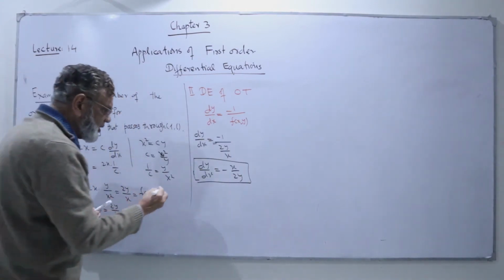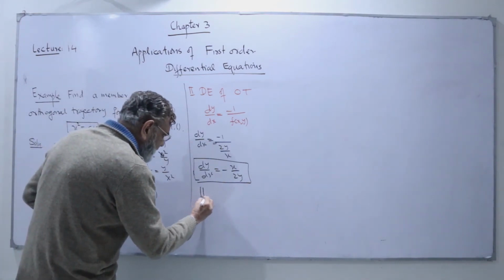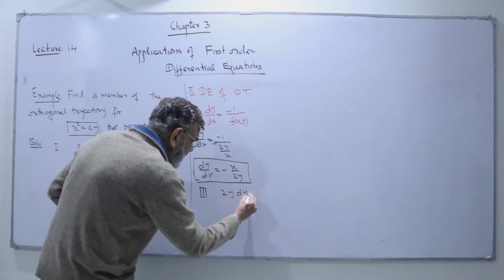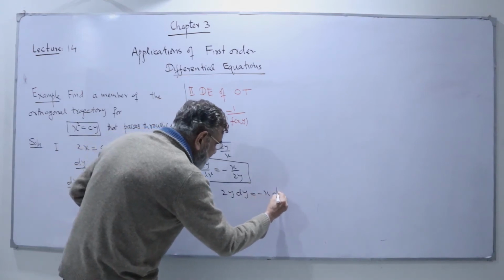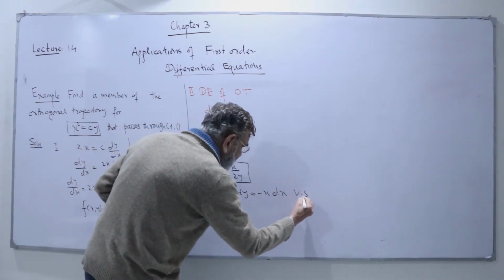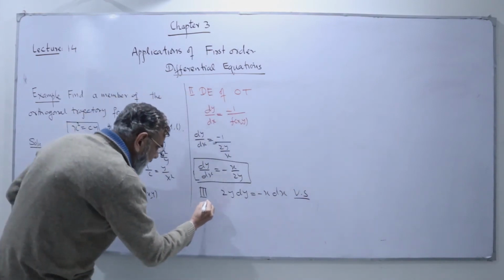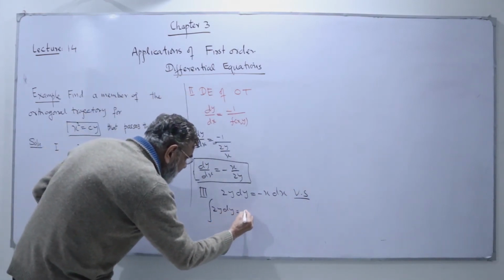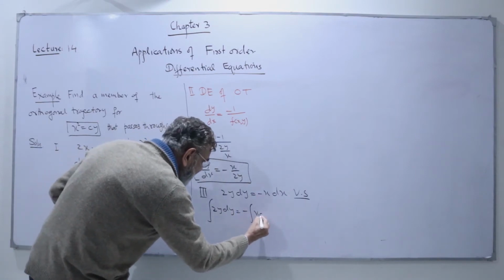To solve this, step 3, we separate the variables, and we get 2y dy is equal to minus x dx. So this is variable separable. We apply that method and integrate both sides. We get the integral of 2y dy is equal to the integral of minus x dx.